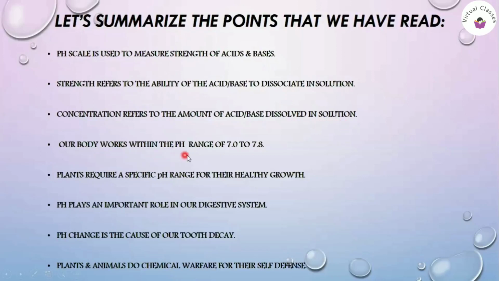Our body works within the pH range of 7 to 7.8. Plants require a specific pH range for their healthy growth. pH plays an important role in our digestive system. pH change is the cause of our tooth decay. Plants and animals do chemical warfare for their self-defense.